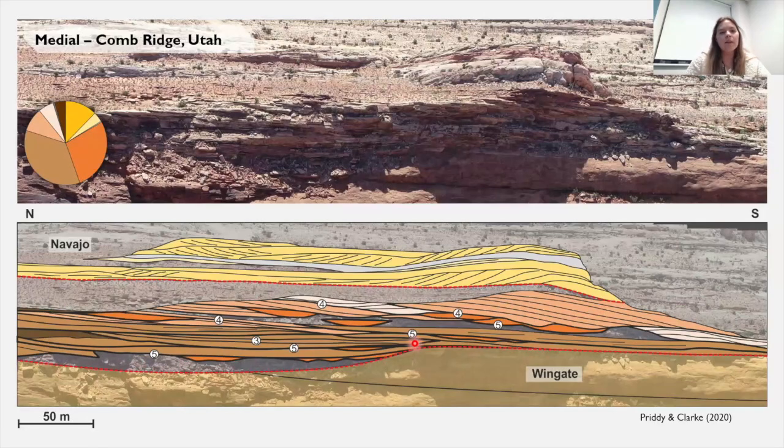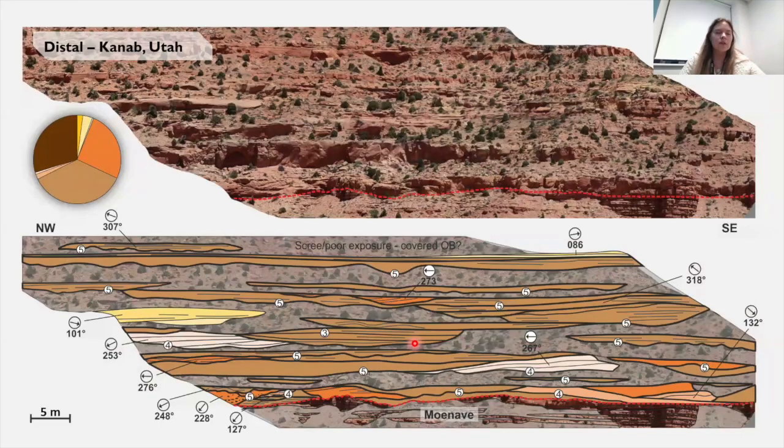And then by the time we get to the distal, towards the border of Utah and Arizona, we're starting to get a lot more isolated channels appear. Now they're broken up by lots of overbank floodplain elements.